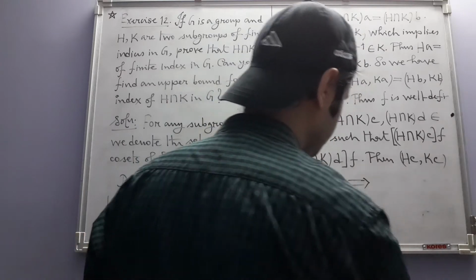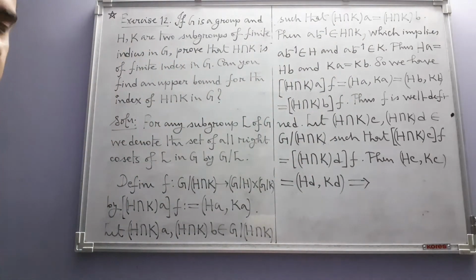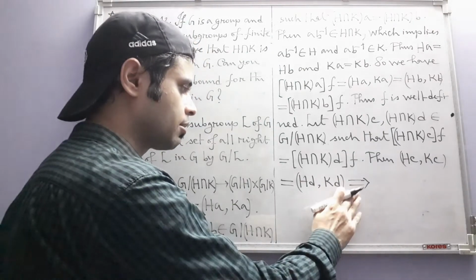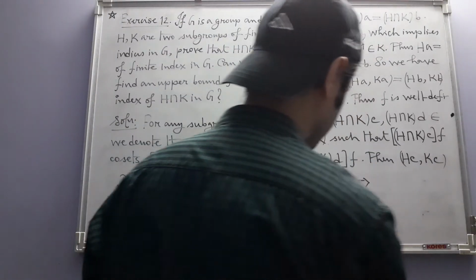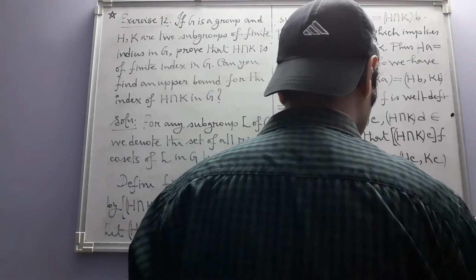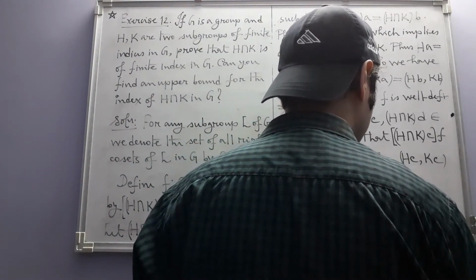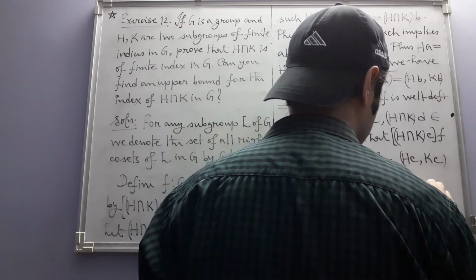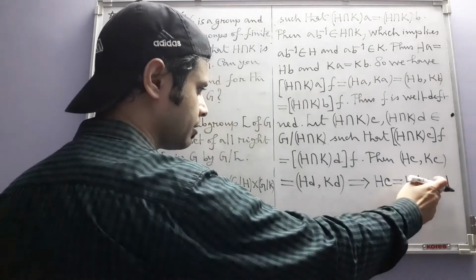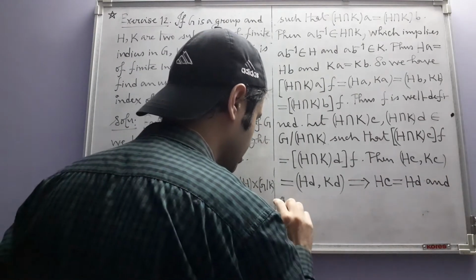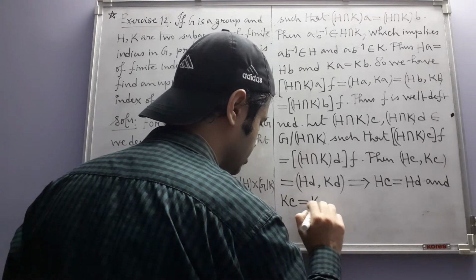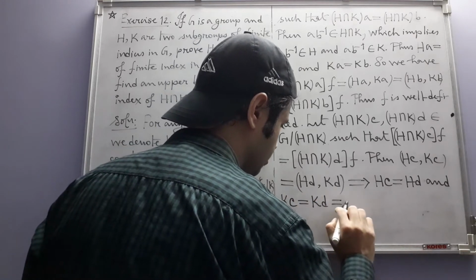This implies we have to write many things. So instead of using words, I am going to use the implication symbol from mathematical logic. So this implies HC is equal to HD, and we can write words in between, that does not hurt. KC is equal to KD.